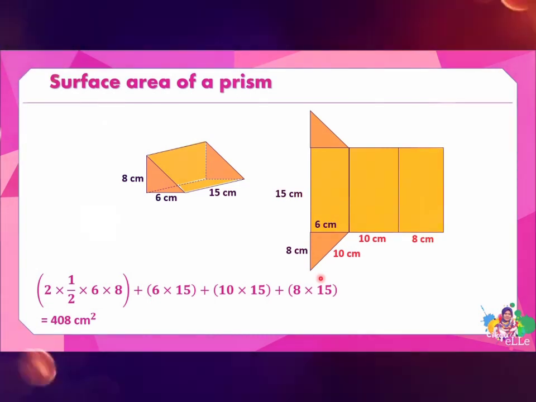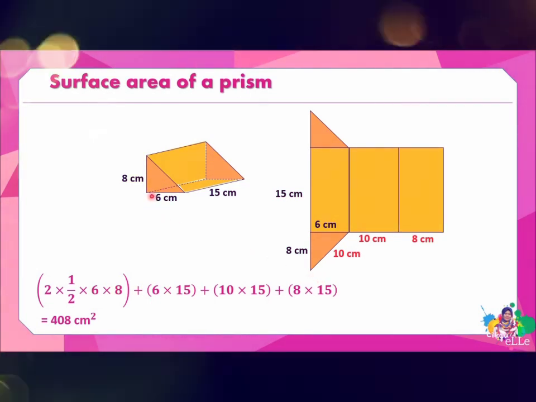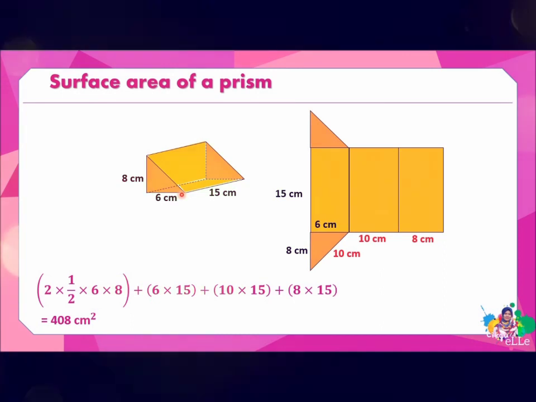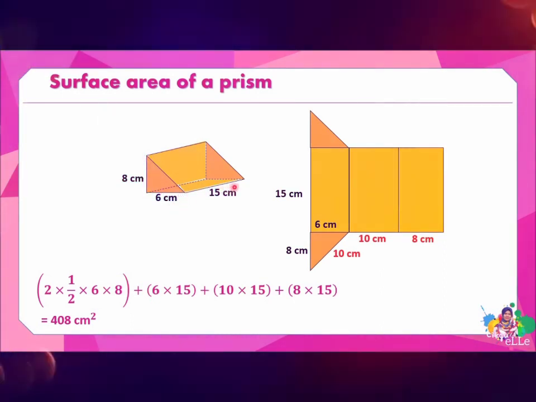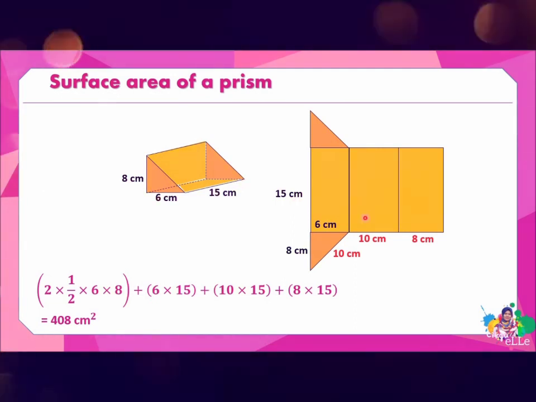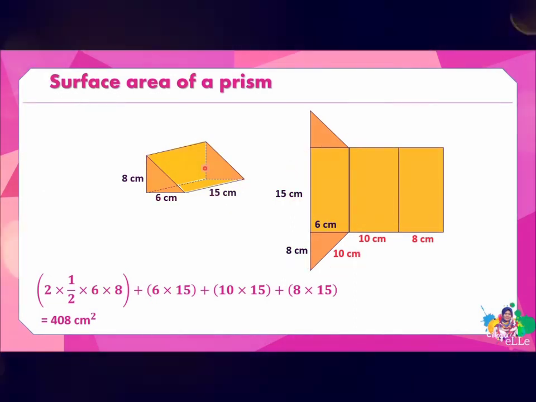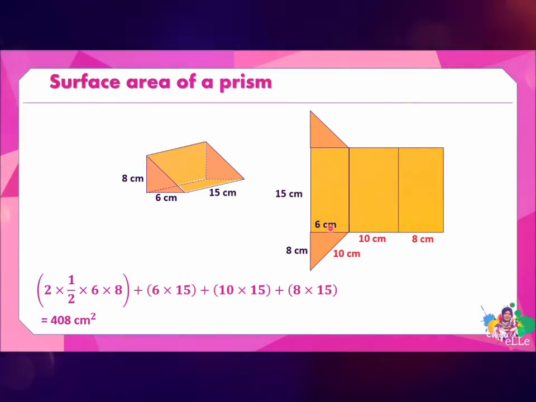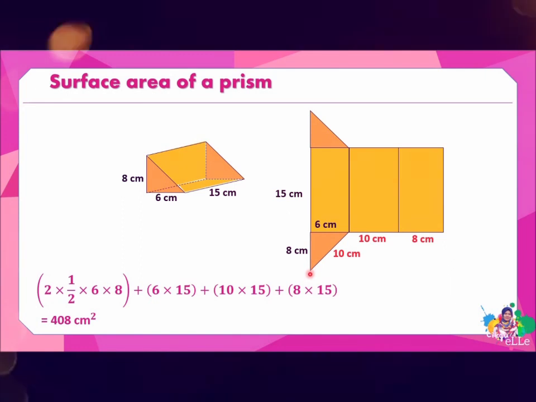Okay, this one is the example. Given this side is 6 cm, this side 8 cm, and this side 15 cm. This one is the net of this prism. This one is 6 cm and this one is 8 cm, and the length of this side is 15 centimeter. Then you have to find this side. How to find this side?